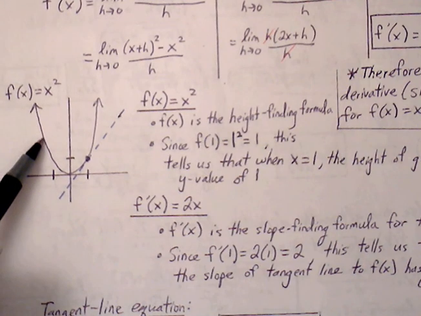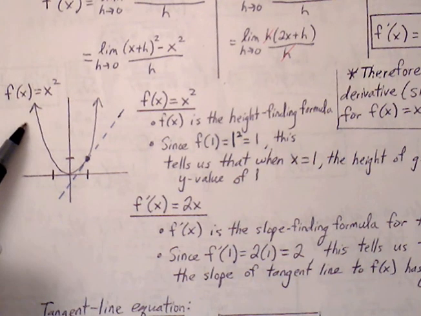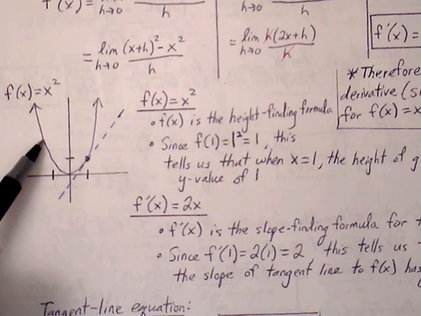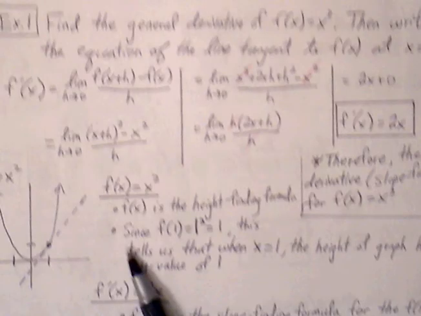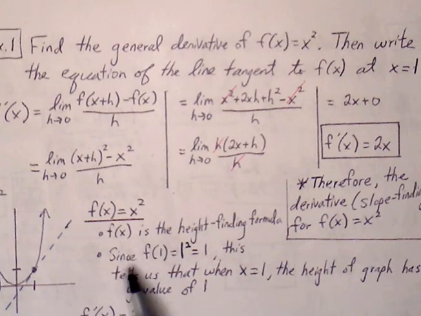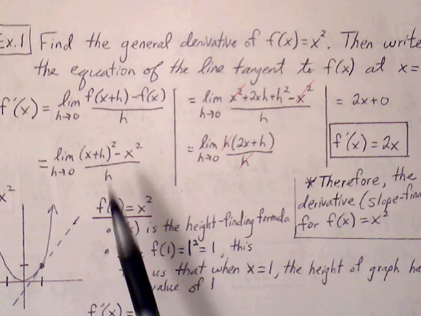If we apply the appropriate x value to the derivative function, in return the derivative function will give us back the slope of the tangent line to the curve.